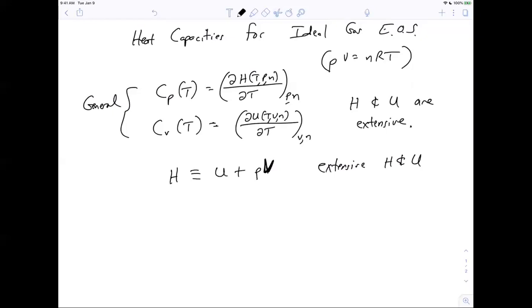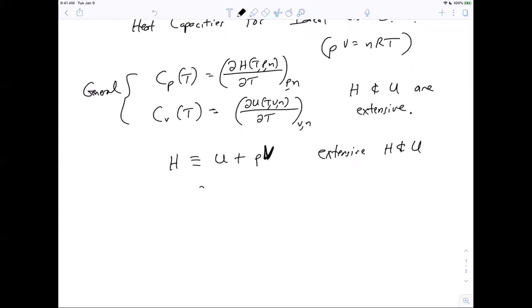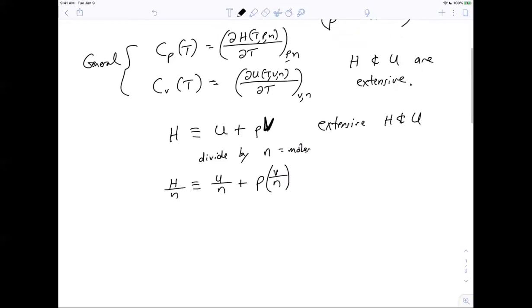Okay, but we can always make these intensive by dividing through by the number of moles. So for instance, we define the enthalpy as H is equal to U plus PV, where V is the volume. We can make this whole thing intensive by dividing by N, which is the moles. So if we divide H by N, that's U divided by N plus, well, we already know pressure is intensive, we can't divide pressure by N, so what we have to do is divide volume by N. But then this just becomes the molar enthalpy, H bar, and your textbook uses H sub M for the molar property.